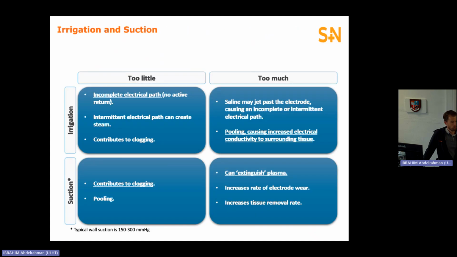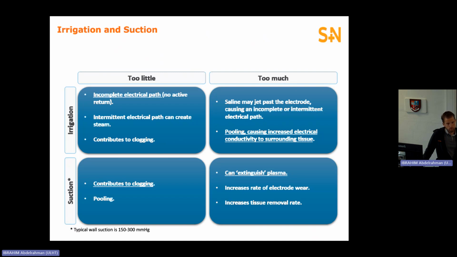Those with experience in the room already with coblation, we'll go through this later in the setup. It's really important to get the balance correct between the suction and irrigation. If you have too little irrigation, it contributes to clogging.